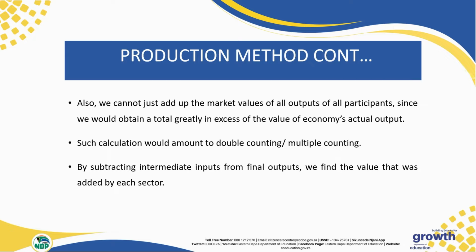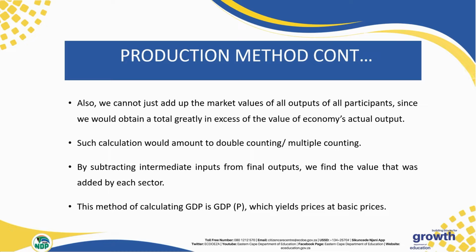We do that by subtracting the intermediate inputs from the final outputs, so that we find the value that was added by each stage in the production process. So if, for example, you purchased a resource for 10,000 and then the market value of that resource ends up being 22,000, then we know that you added the value of 12,000.